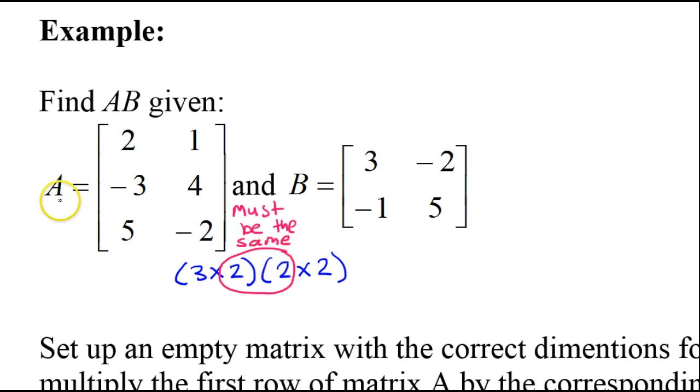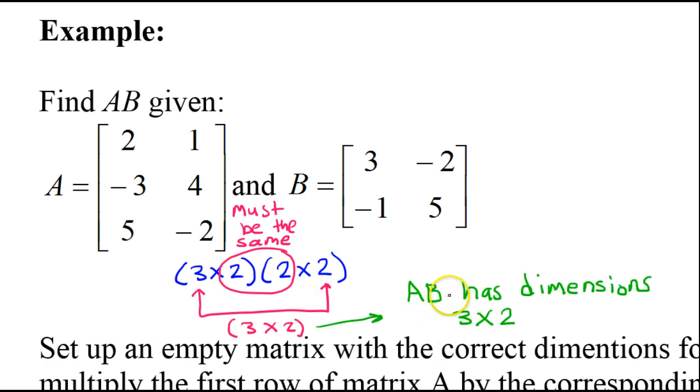So we can multiply A times B. Now, the dimensions of the product matrix AB will be the outer dimensions. So matrix AB will have the dimensions 3 by 2 because of the outer dimensions 3 and 2.